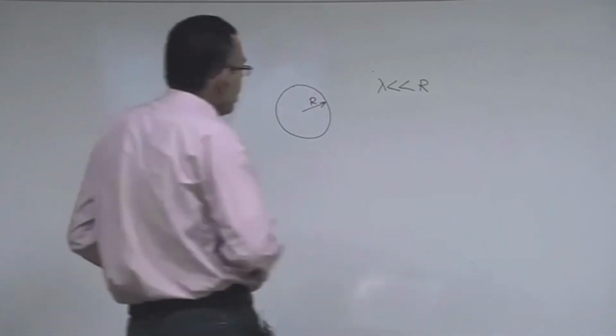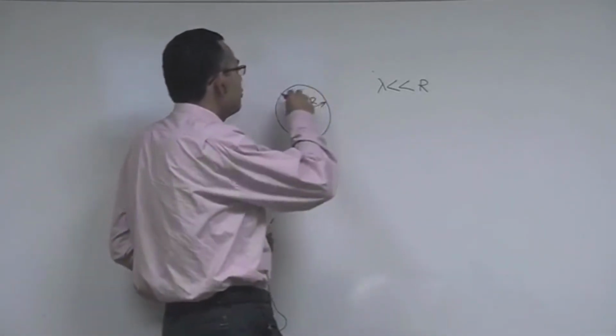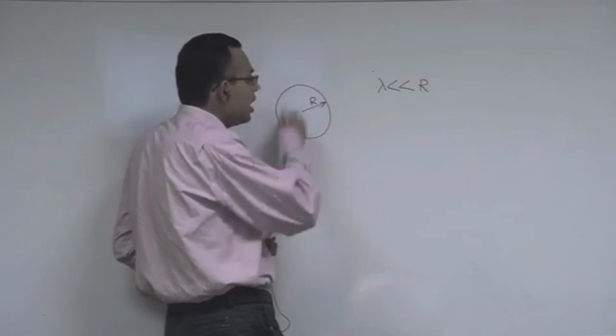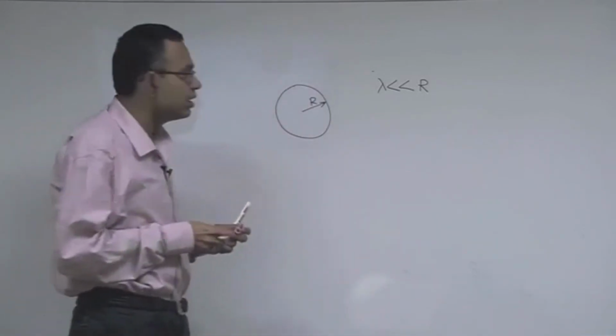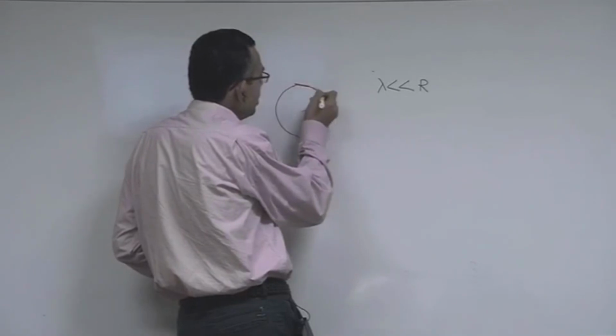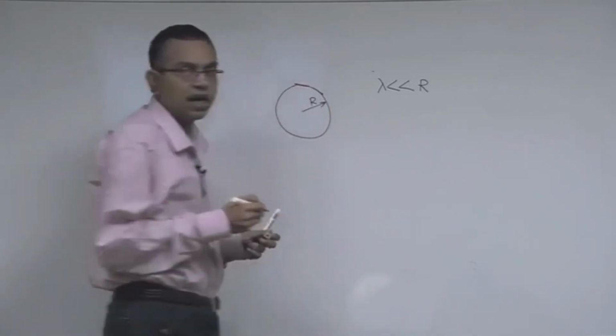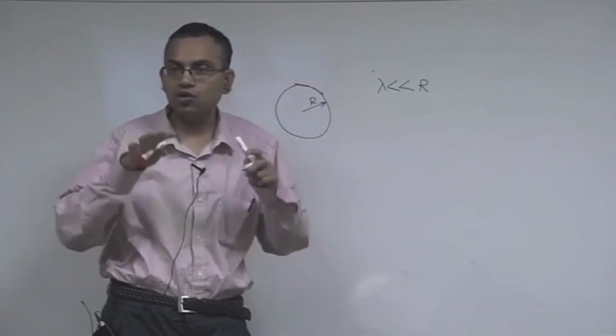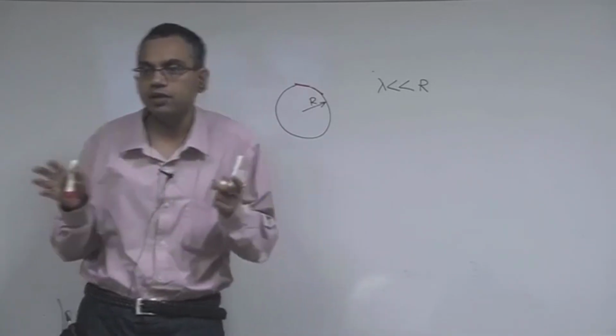Because of the typically large radius of curvature, you can consider each region of the particle as a localized flat plate. This concept is very important.